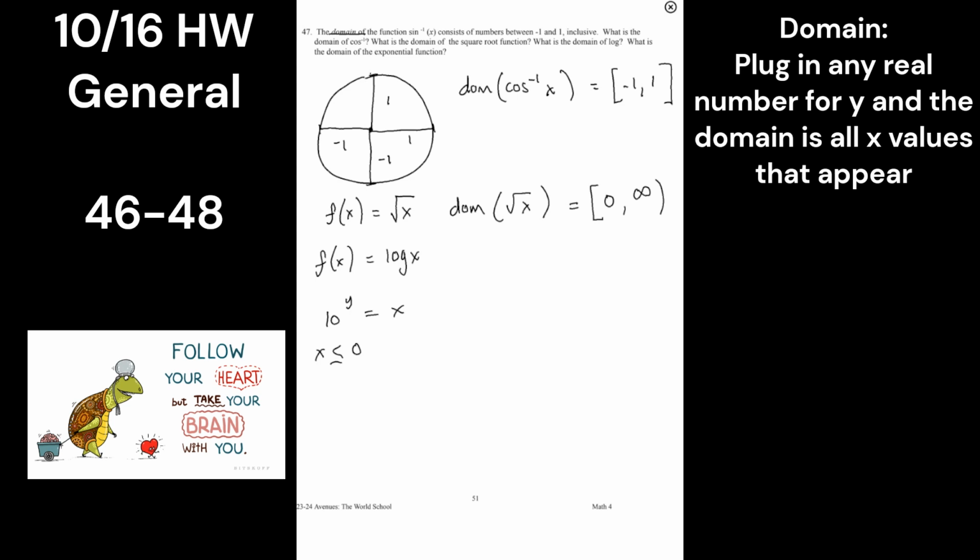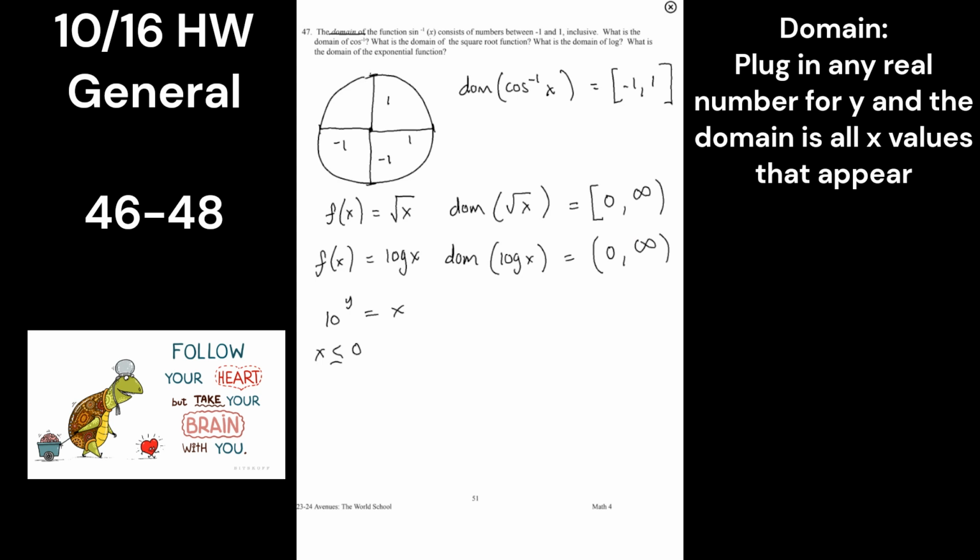But unlike square root, it cannot be 0. You cannot find any exponential to equal 0 or any negative numbers. So I'm going to write this as the domain of log of x equals, and here I'm using parentheses because it cannot be 0, 0 to infinity.